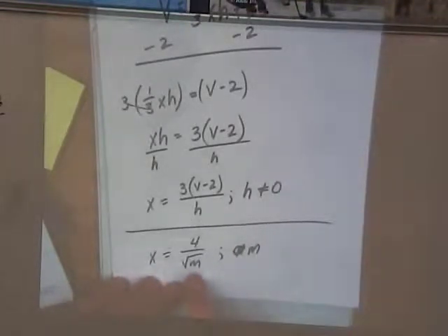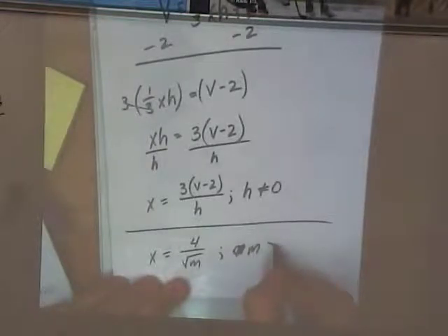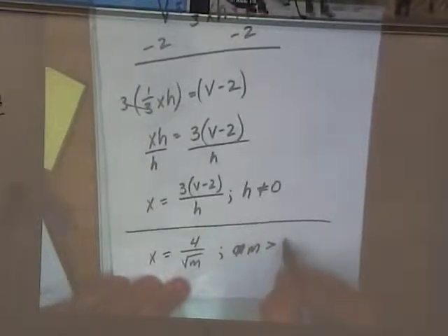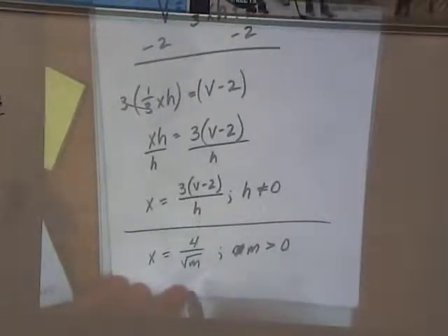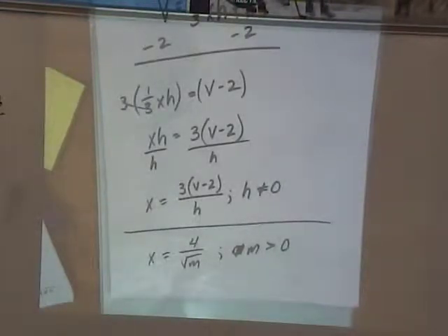M, first off, can't be negative, right? So it has to be greater than 0. But it can't be 0 either, because then the whole denominator would be 0. So it would just be m has to be greater than 0. That would be my restriction. So pretty much those two things: look out for variables in your denominator, and look out for variables in a square root. Okay?